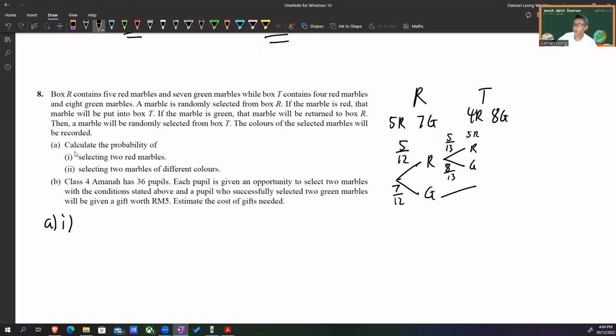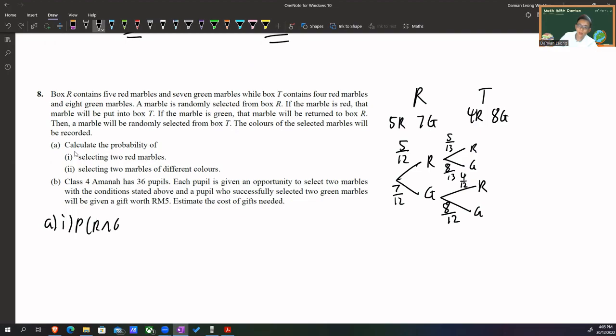If I draw green marble first, I put it back into box R. Means it stays as 4 red, 8 green. So probability of drawing red, 4 out of 4 plus 8, 12. Then drawing green, 8 out of 12. So probability of getting 2 red marbles.